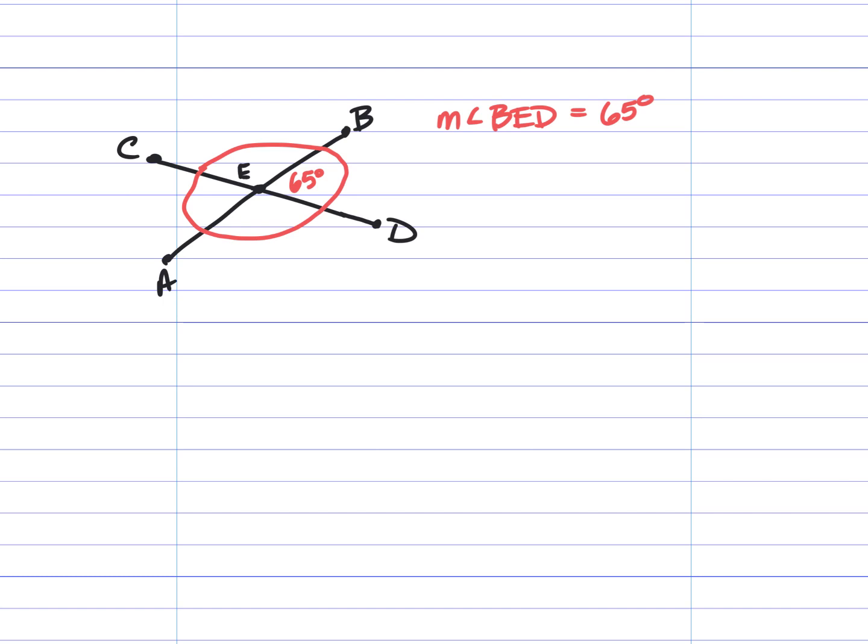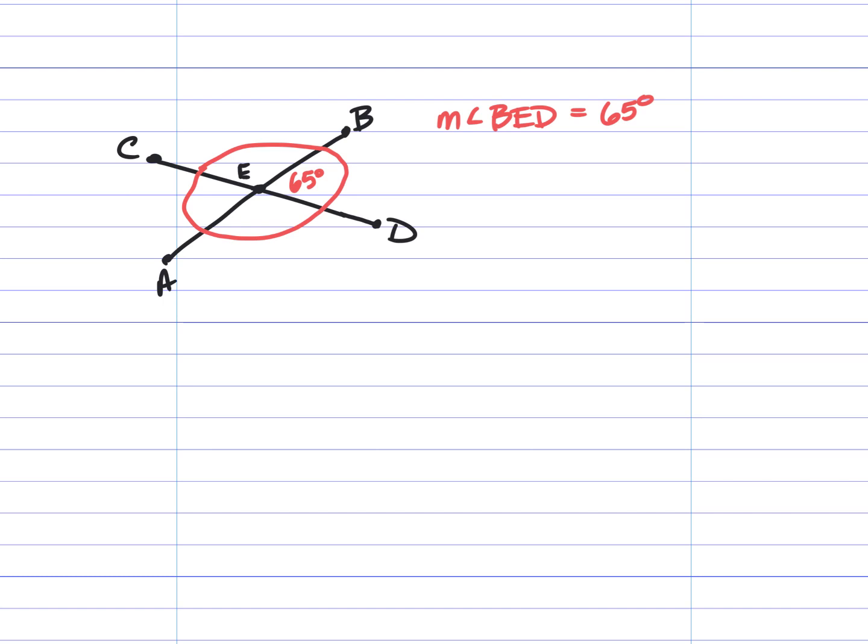If this was a circle, then line segment CD would form a diameter because E is the center of the circle. A diameter goes through the center of the circle, and it splits the circle into two equal parts. And if you know anything about circles, you probably know that a circle has 360 degrees. And that means that half of a circle is 180 degrees.